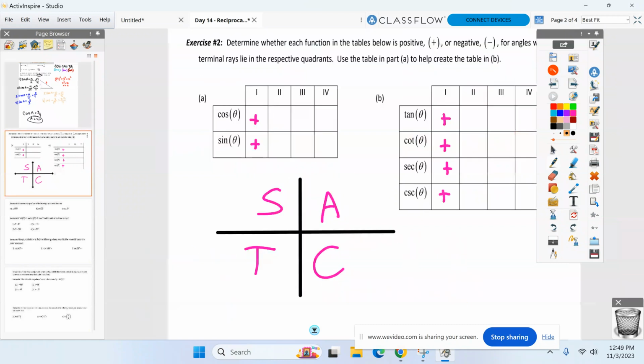So I'm going to put a negative for cosine, positive for sine, negative for tangent, negative for cotangent, negative for secant, but now a positive for cosecant. Whatever's in the quadrant and its reciprocal are positive there now. All right, what's the T for? Third quadrant, T for tangent and now cotangent. All right, tangent and cotangent.